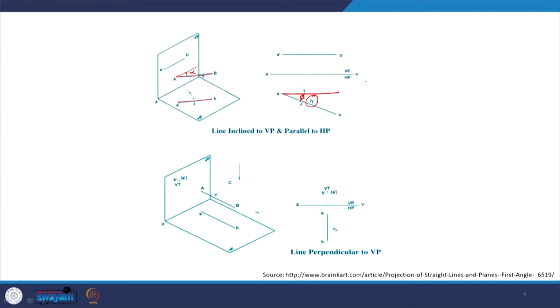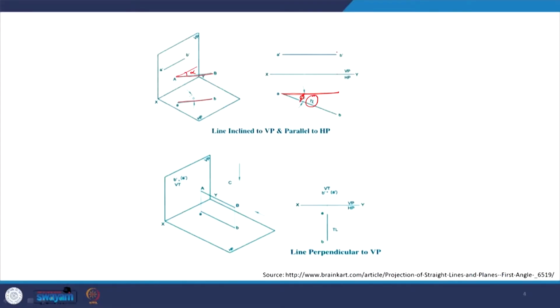And what will we see in vertical plane? We will see a reduced version of this line. So we have A and B here, and in elevation we will see A dash B dash. But while AB is the true length, we will not be getting the true length in A dash B dash.